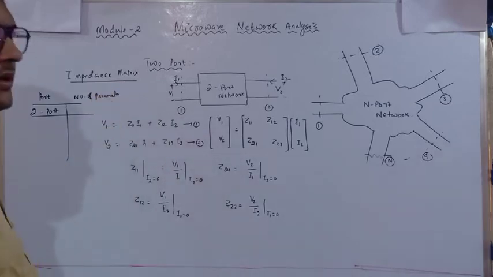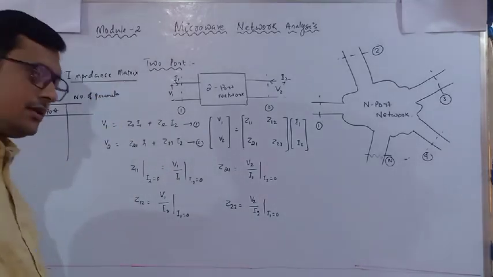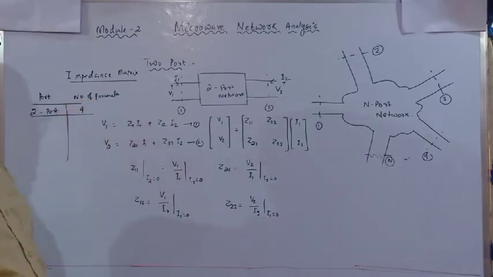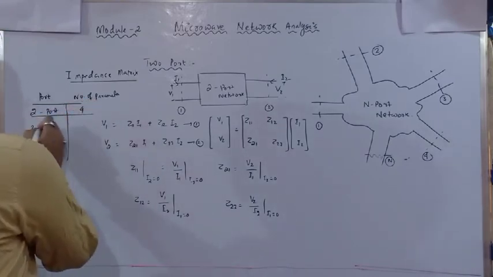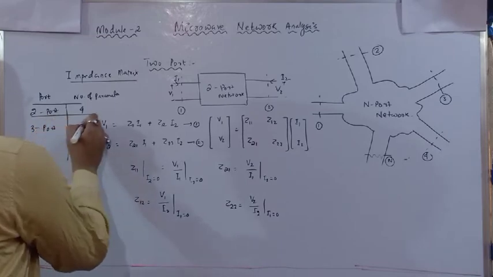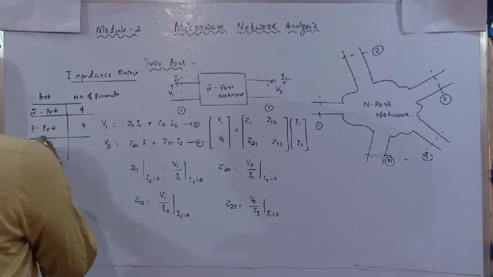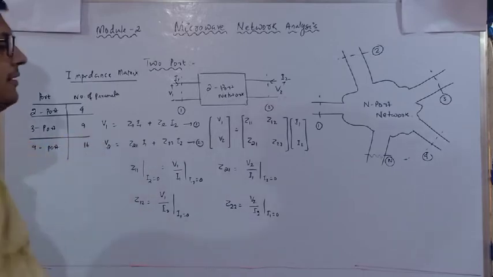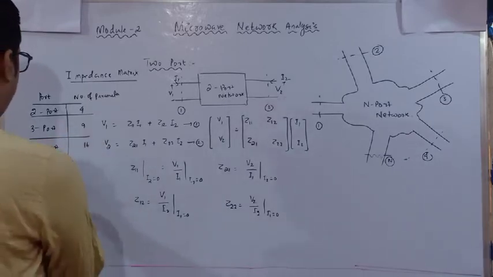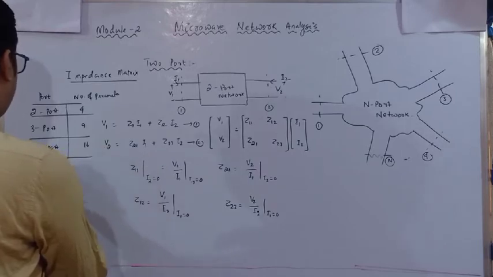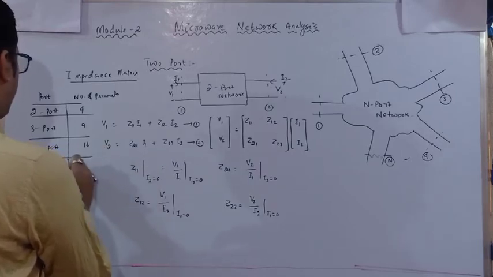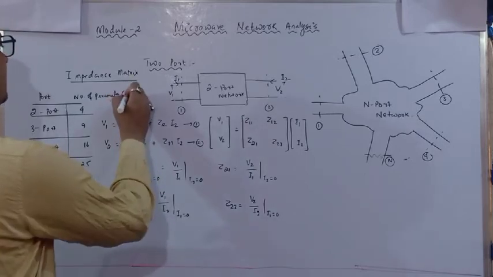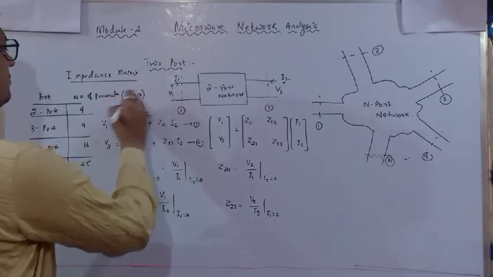If it is impedance or admittance, for a 2-port network we will have 4 parameters. For a 3-port network, 9 parameters. For a 4-port network, 16 parameters. For a 5-port network, 25 parameters. So this is nothing but n cross n.